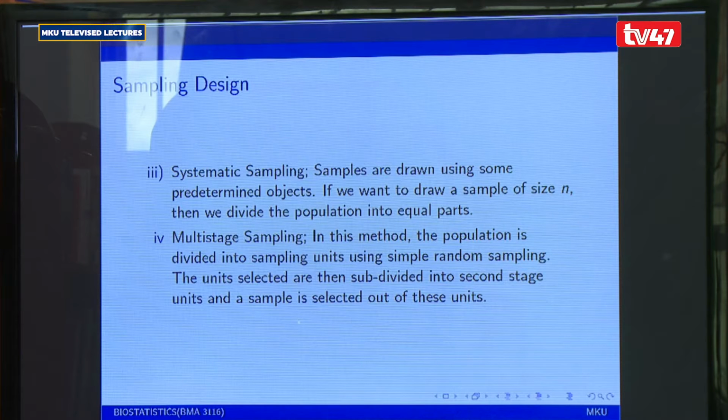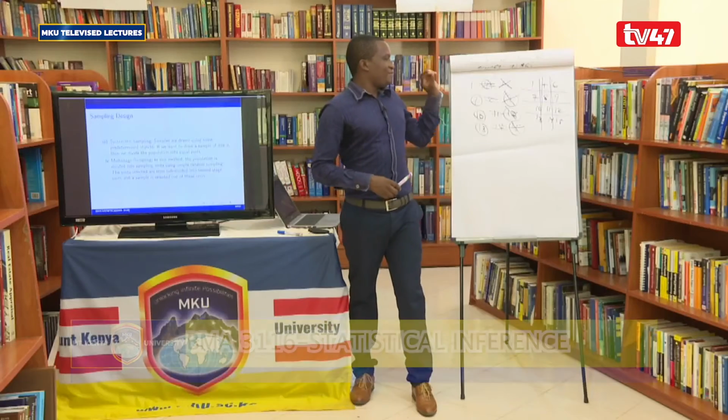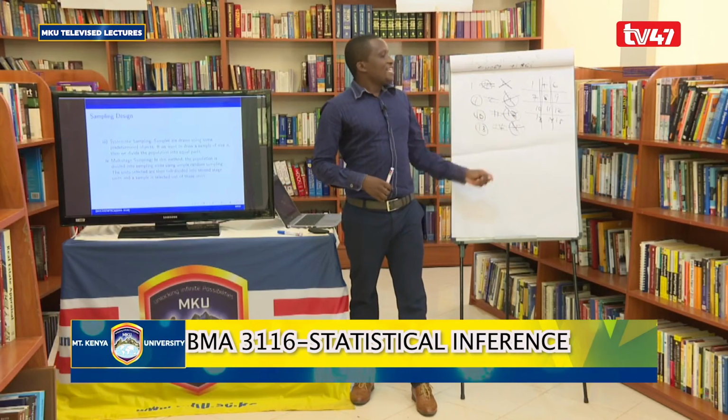So in this method, the population is first divided into simple sampling units using simple random sampling. So first divide into classes without bias. Then the units selected are then subdivided into a second stage. So in this case, first divide the first time, then from there, divide again.